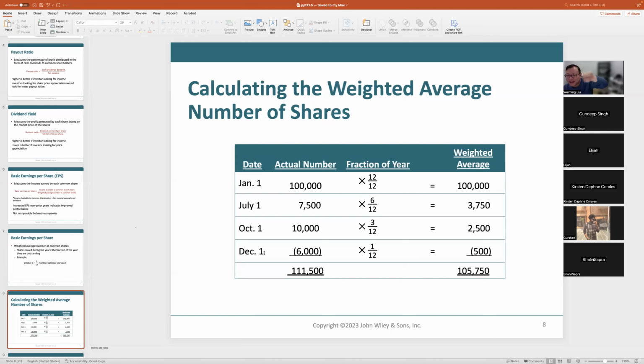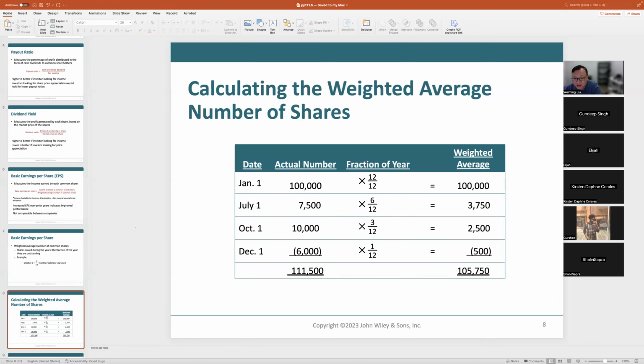So it's 1 divided by 12. And this is, I think, the buyback. All the other numbers are positive, but on December 1st that number is negative, which means the opposite direction. The company redeemed the shares. Then it's pure multiplication, and then just do addition.